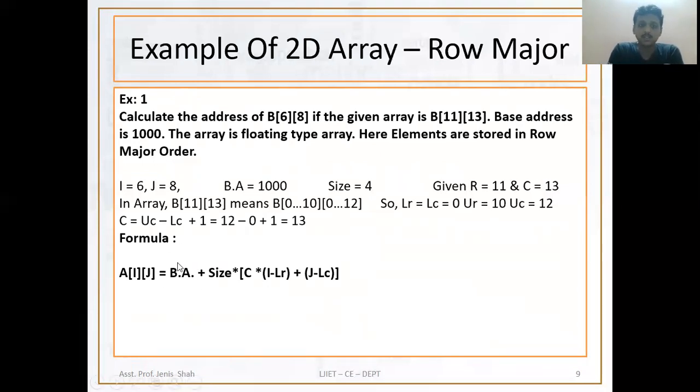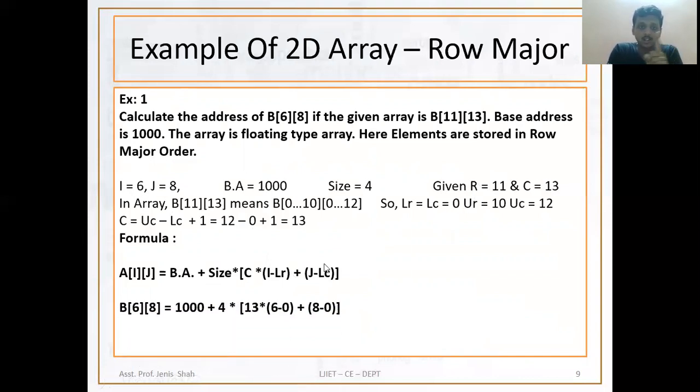Do we have the base address? Yes, it is 1000. Size 4. Why 4? Because it is a floating type array. I stands for 6. J is 8. LR is 0. LC is 0.